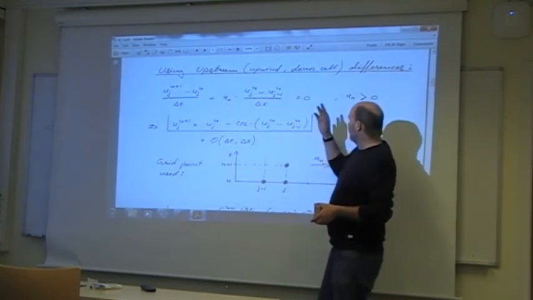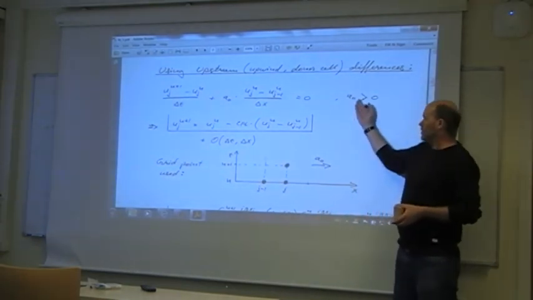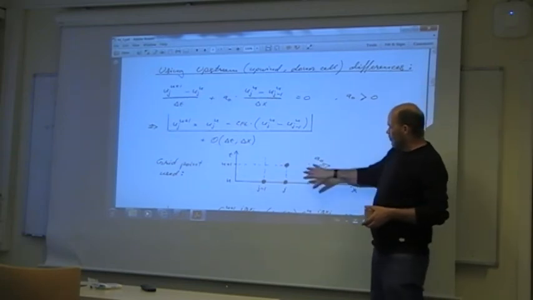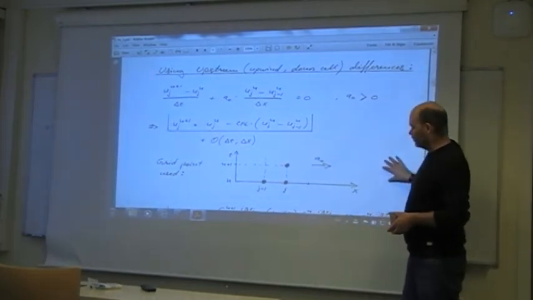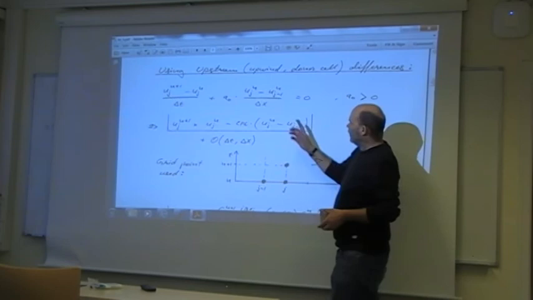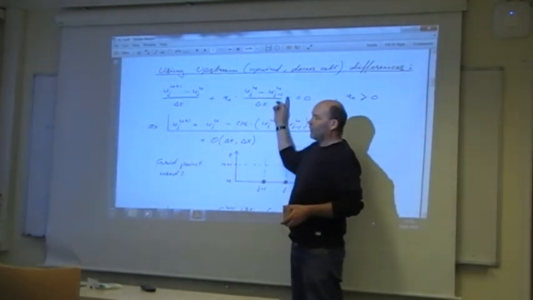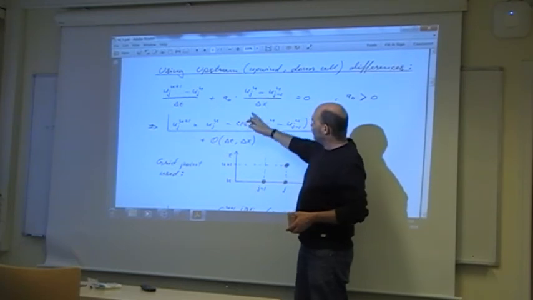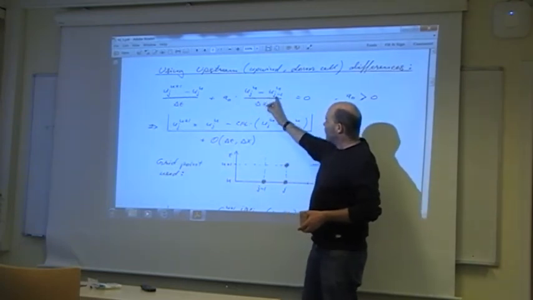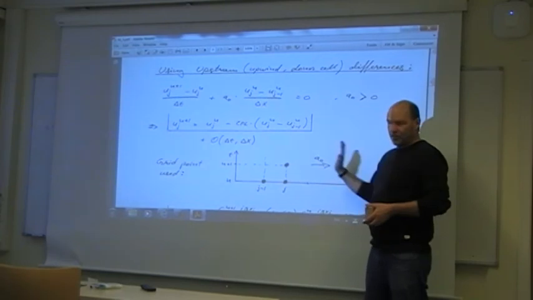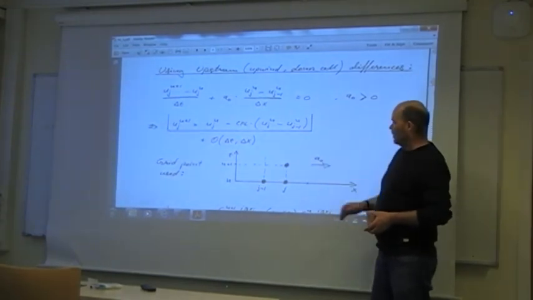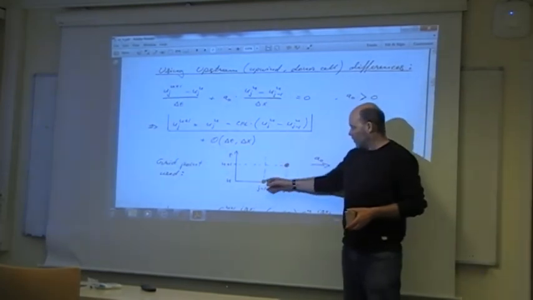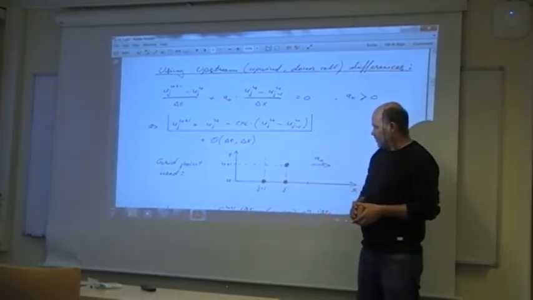Here I have decided my velocity, A0, is a positive velocity. Hence the information will be traveling to the right here. So when I have to put in something for the spatial derivative, I now choose the center point minus the point upstream against the velocity A0. So now these 3 points will be my discretization stencil.